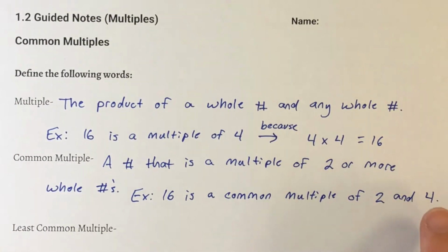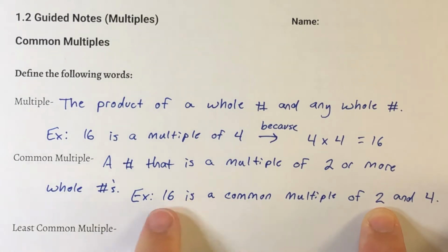So again, if you count by 4s, you're going to get to 16. But if I'm also looking at multiples of 2: 2, 4, 6, 8, 10, 12, 14, 16. 16 you're going to get to in both of your lists if you're counting by 4s and 2s. So that's why 16 would be a common multiple of both of these numbers.